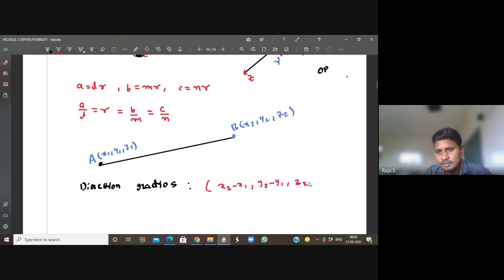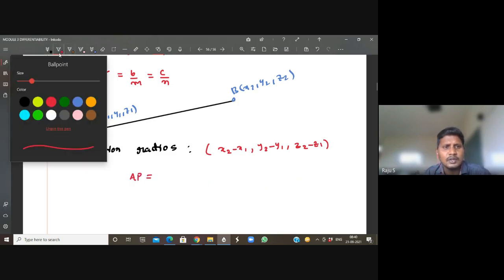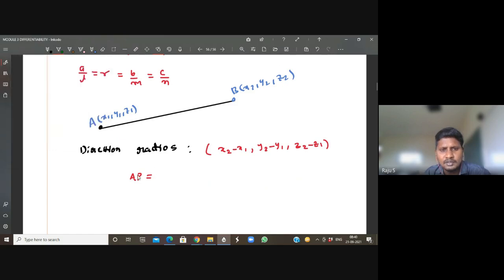Then I want to find the distance from A to B. The distance AB is equal to root over x2 minus x1 the whole square plus y2 minus y1 the whole square plus z2 minus z1 the whole square.